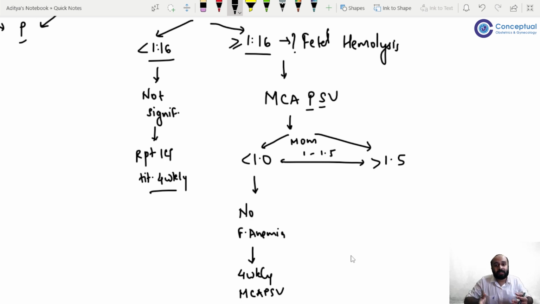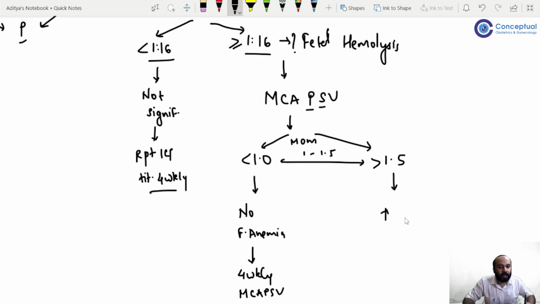All I have to monitor is whether it is leading to fetal anemia. So a MoM of less than 1 basically means the blood is still not fast enough to show that there is anemia or significant hemolysis.